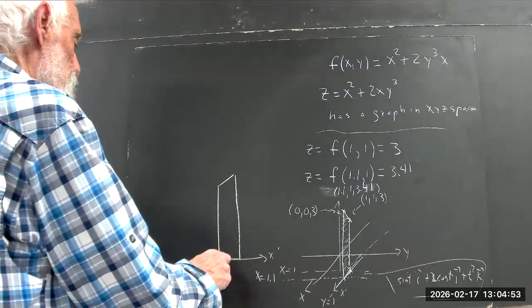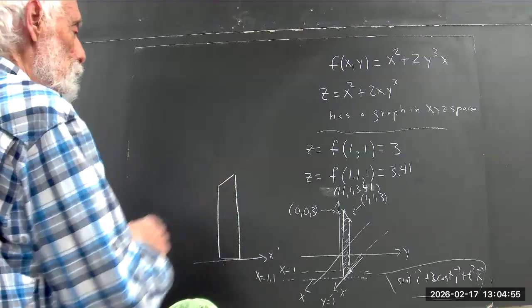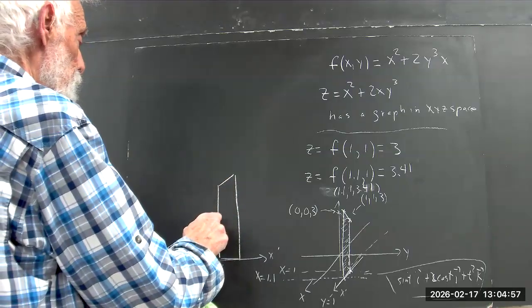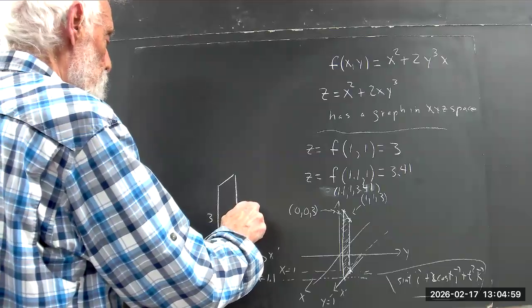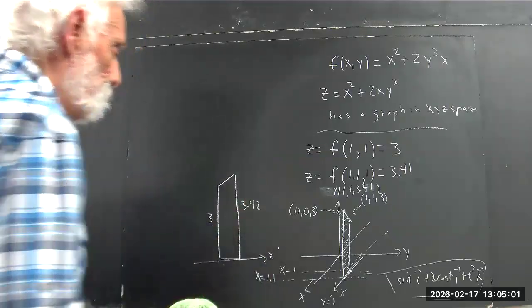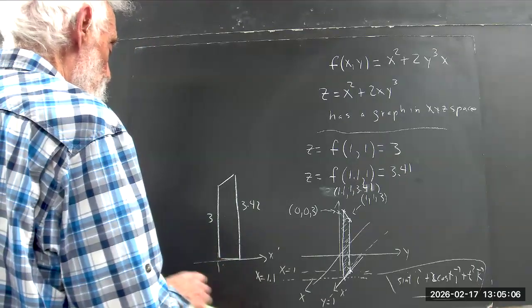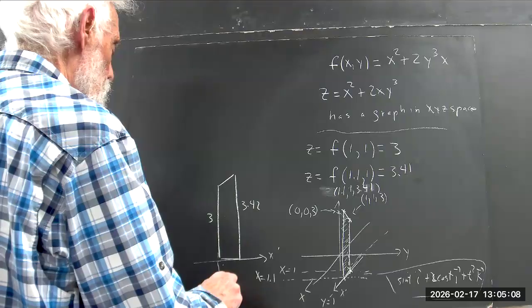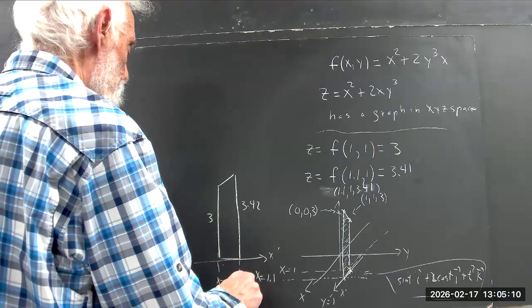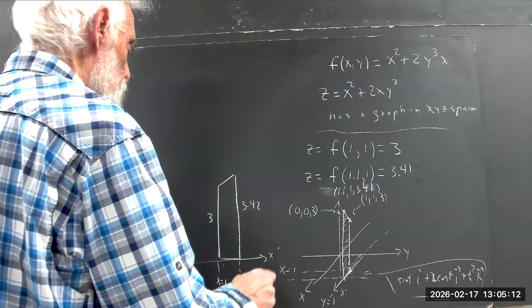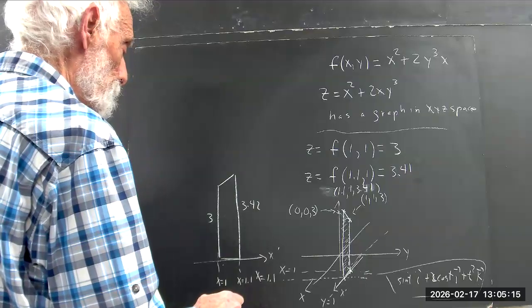And then the left altitude of this trapezoid is 3. The right altitude is 3.42. The base, well, x equals 1 here. X equals 1.1 here.